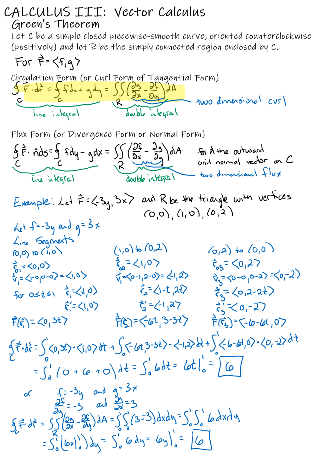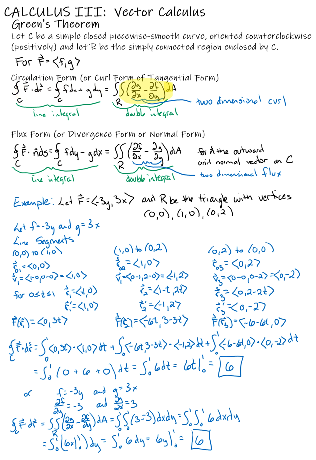It's stating that the net rotation through the region R equals the circulation just on the boundary of R, that's my curve C. So again, the rotation throughout R is equal to just the circulation on the boundary, just on that line integral.